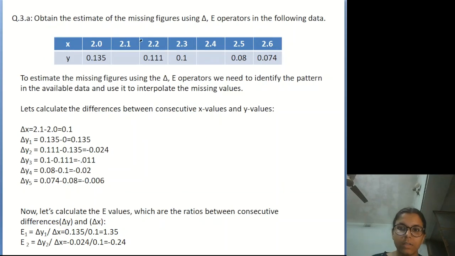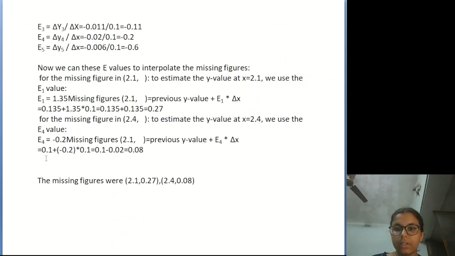That is here, which was 0.1, and just keep the value here with the E4 value that was minus 0.2, we have kept it here, and again delta x value that was 0.1, and then again you have the value there, which is like 0.08.